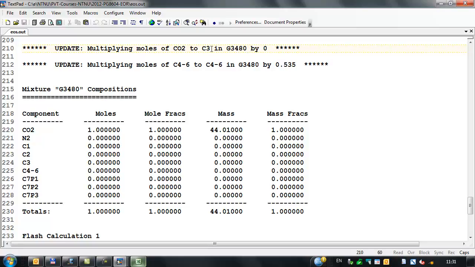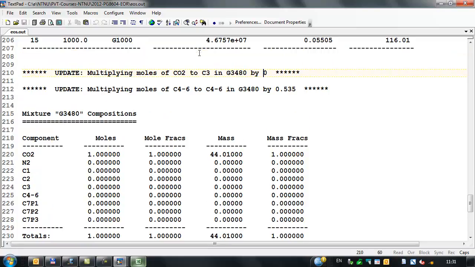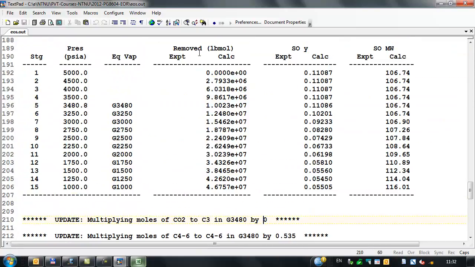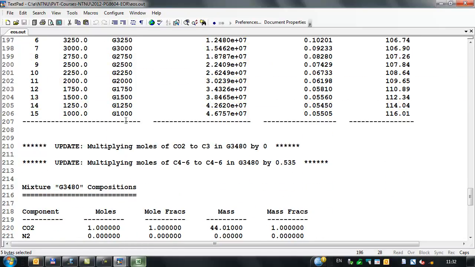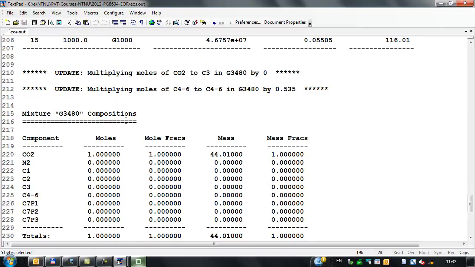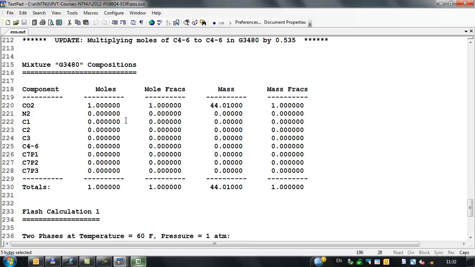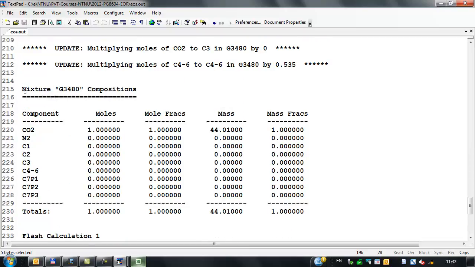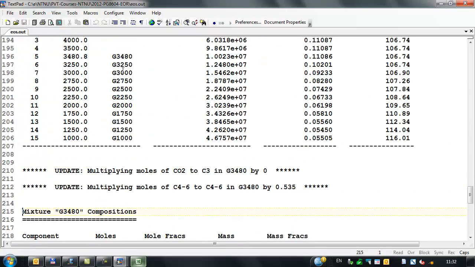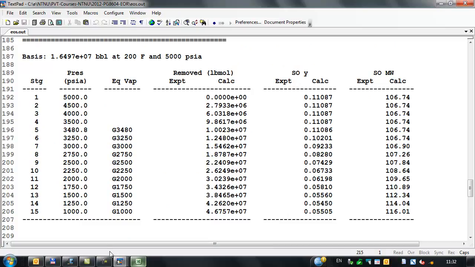This is strange. Equilibrium vapor. That didn't work. So it's not doing the.